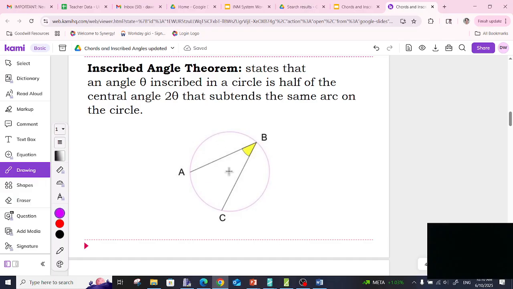So if I drew, let's say this was the center here, right? And I had this. This would be the central angle. This would be the inscribed angle.